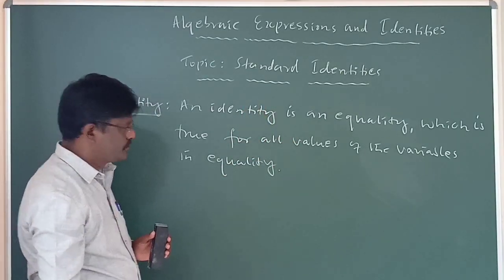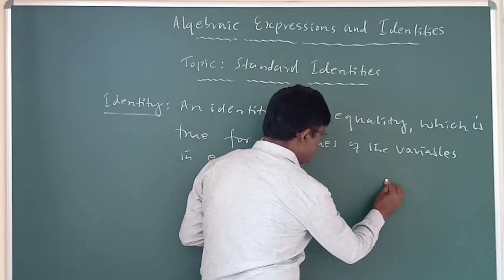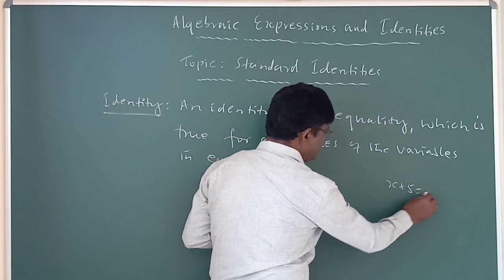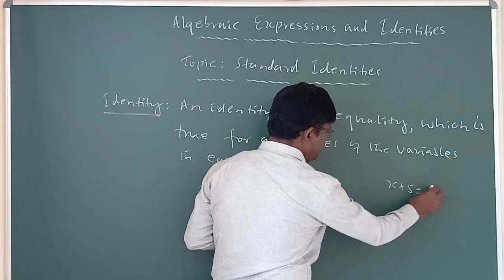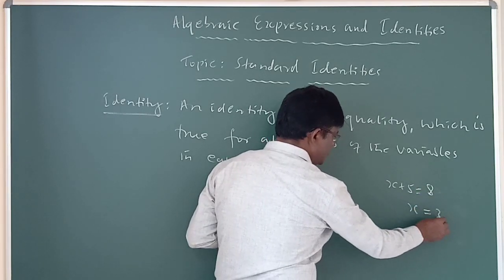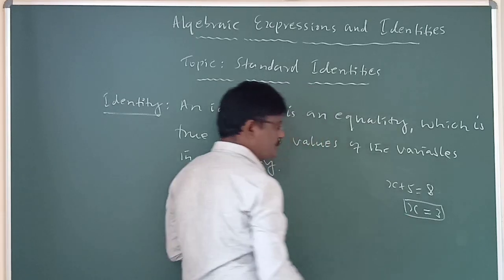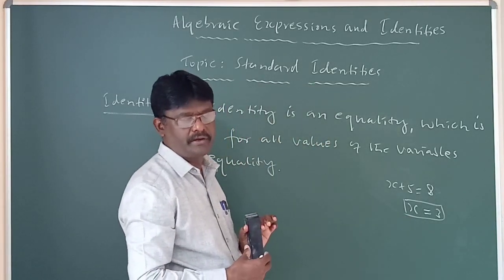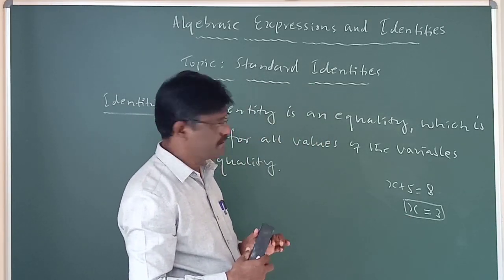Okay, so now just once again, in brief, x plus 5 equal to 8 is an equality. It is true when x equal to 3. It is not an identity but an equation.